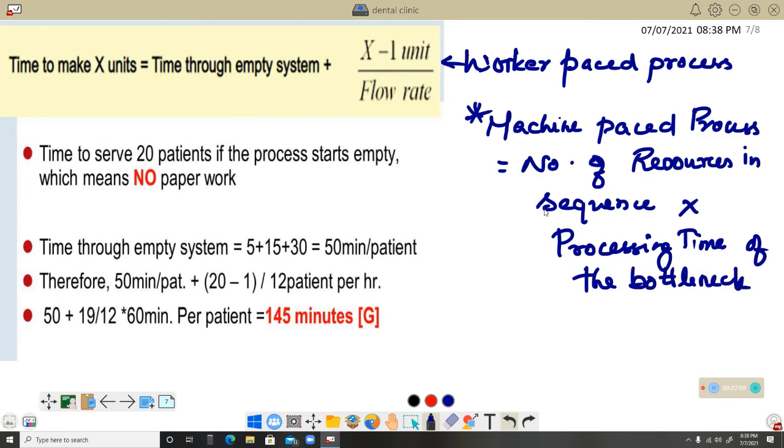But as far as this particular case, we are not taking this formula, because this particular service system is a worker paced process. So that is why we are going with this particular formula.